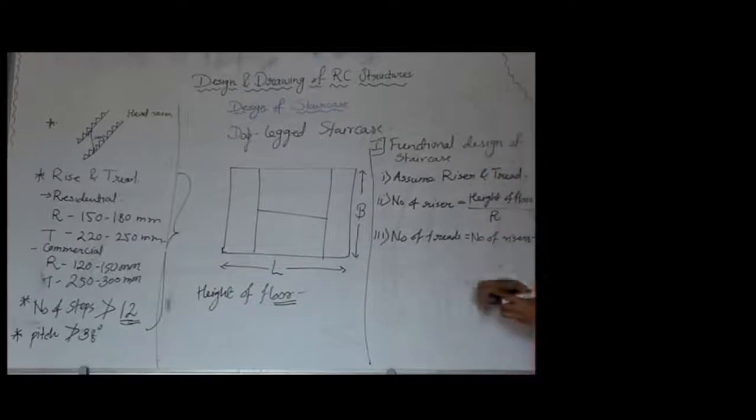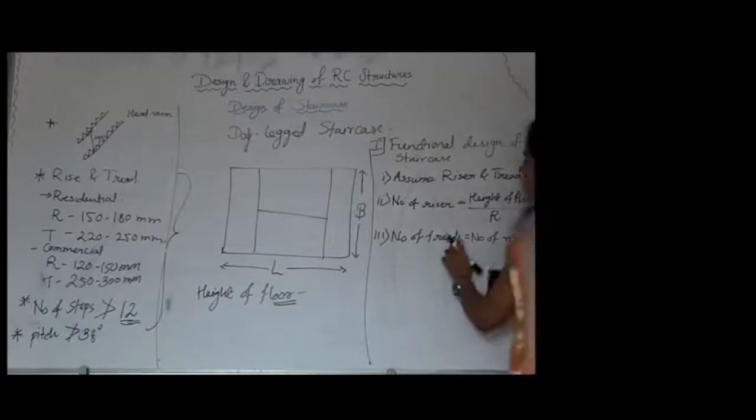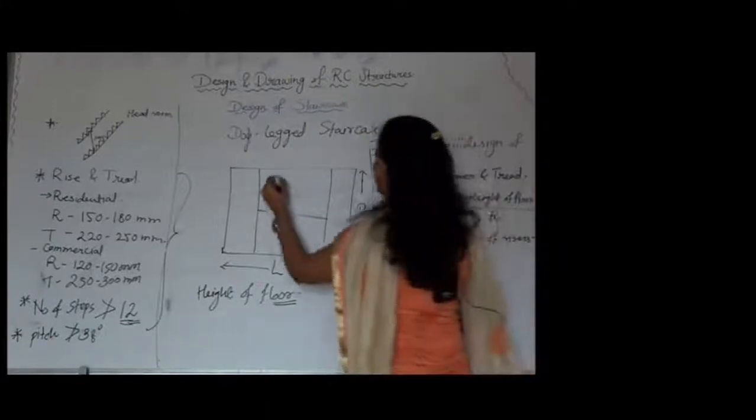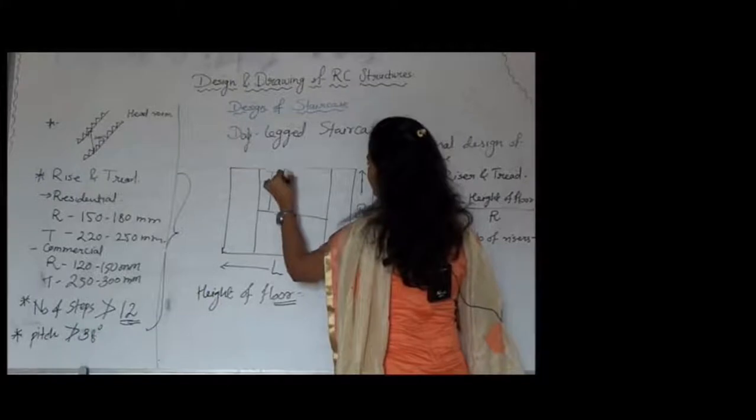We have riser distance, we have tread distance. Depending upon riser, we have found out how many risers we have to provide, and after that we have found out how many treads we can provide. So, we will draw this number of treads in our plan depending upon the value which we are getting.